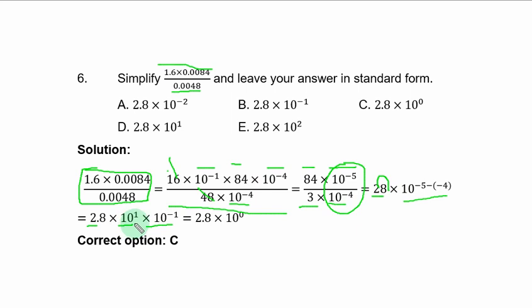The power is positive because the movement was done to the left, that is backward movement, and it is once, so the power is 1. When you simplify this, you have 2.8 times 10 to the power of 0. C is the correct option.